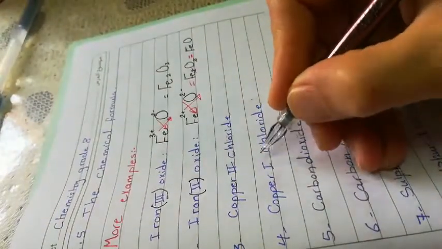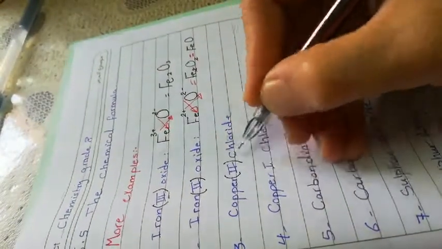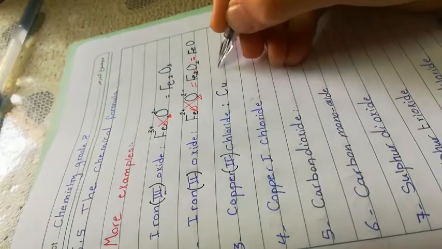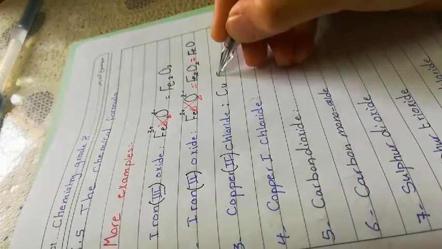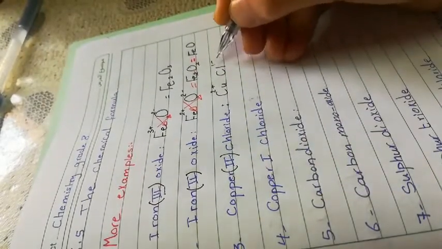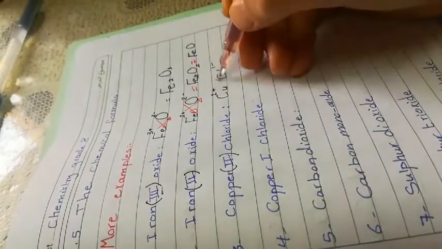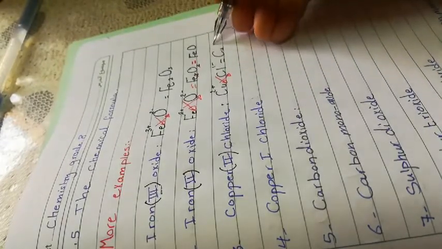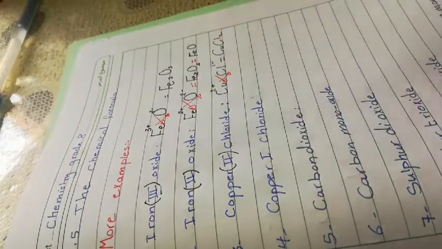Okay. Copper 2 oxide. Now, the valency of copper is 2. So again, Cu, chloride Cl, here is positive 2, chloride minus 1, just switch them. So CuCl2, as simple as that.